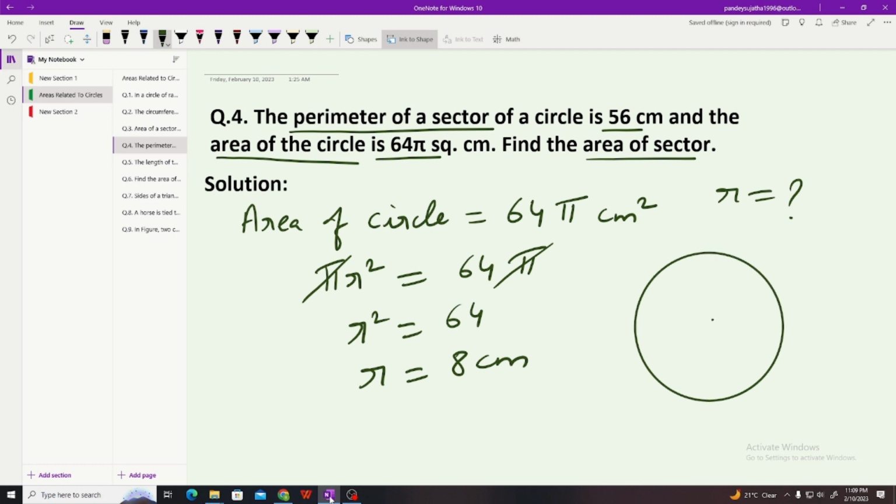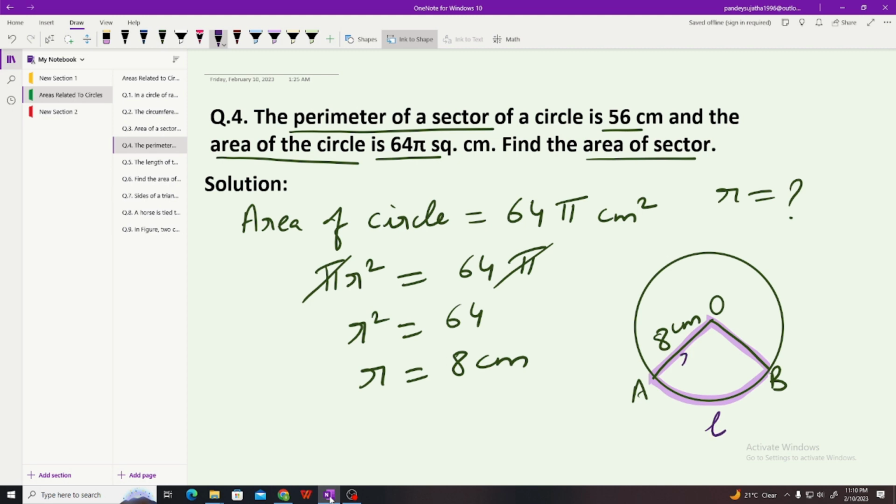Okay, since radius we got it as 8 centimeter, and you all know that perimeter of a sector is from A to O, O to B, and this arc AB, which is length of the arc.